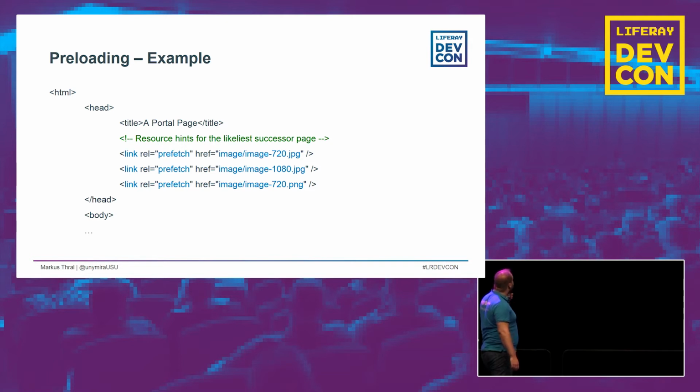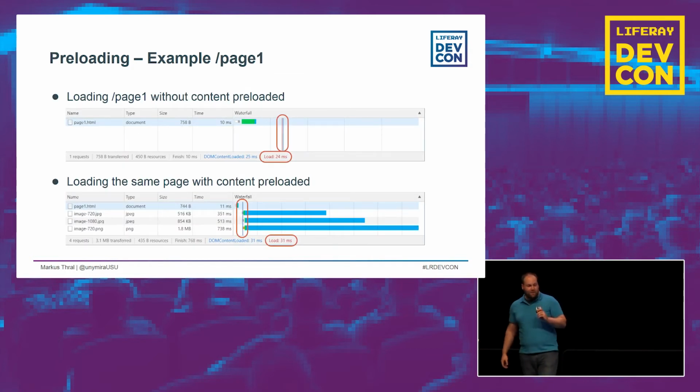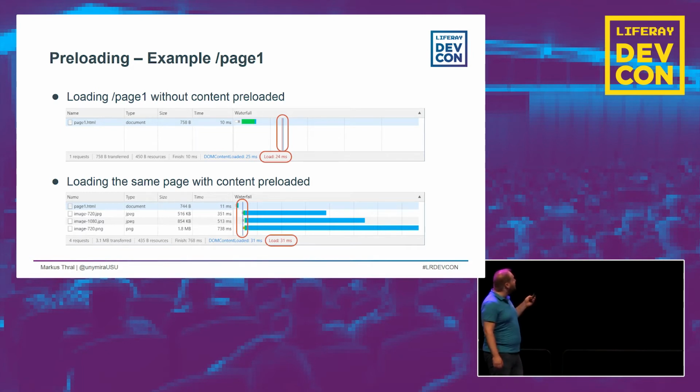The typical head of a HTML document, and we add 3 resource hints, prefetch, to preload 3 images. If we now load page 1 without content preloaded, without the added resource hints, it takes about 24 milliseconds to load the page completely.